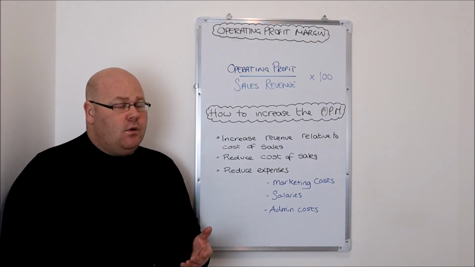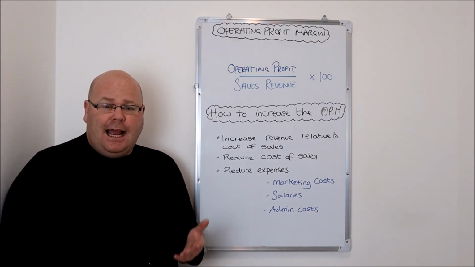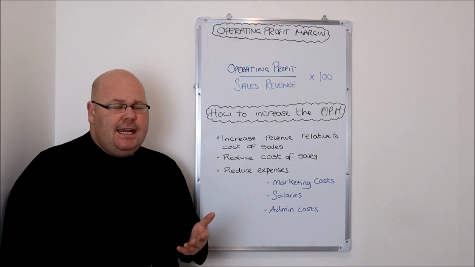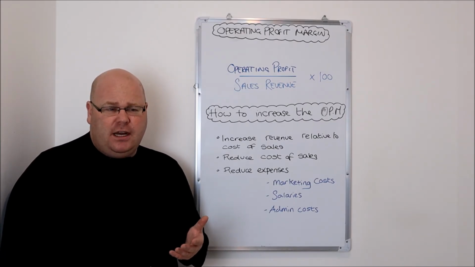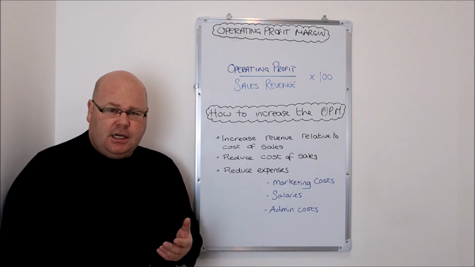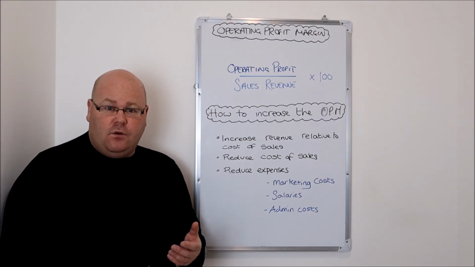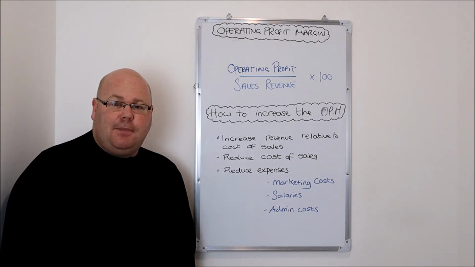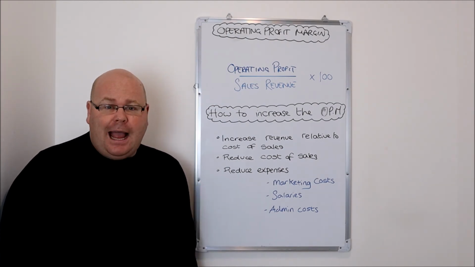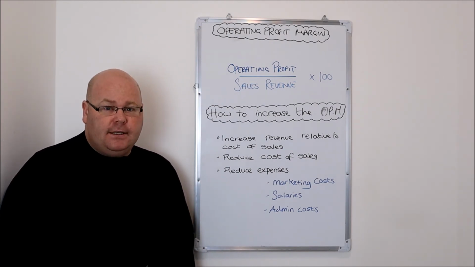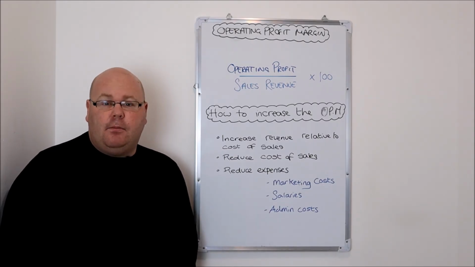So they might perform some kind of workplace appraisal and see whether the funds that each member of staff is earning through their salary is really justified. And if the business can make salary reductions to its workforce, then again this will lower the expenses of the organisation and boost the operating profits of the organisation and hopefully the operating profit margin as well.